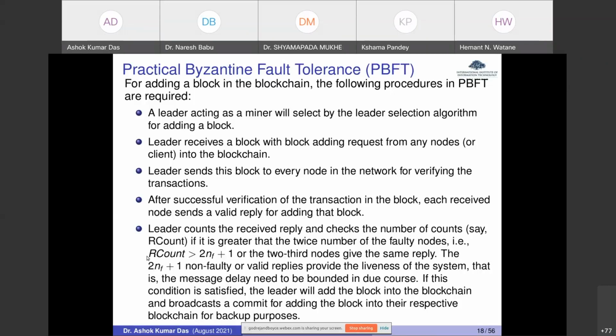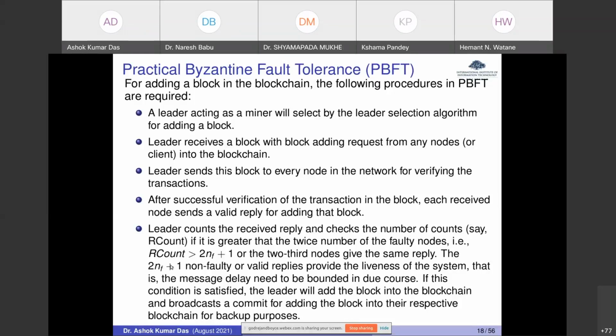If the condition is met that the R count exceeds 2NF plus 1, which means that two-thirds of the nodes give the same reply in the network, then that block will be added in the blockchain. This is known as the practical Byzantine fault tolerance algorithm.